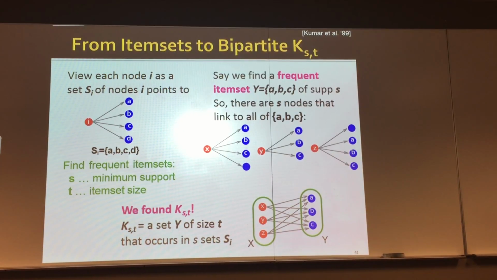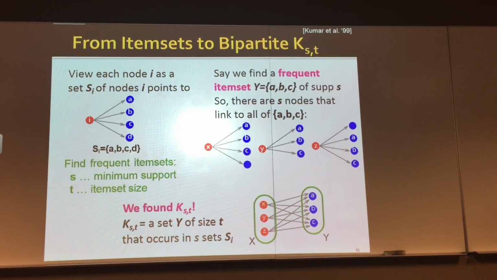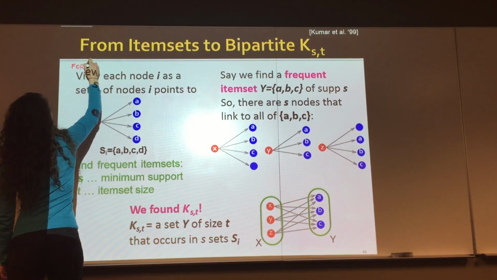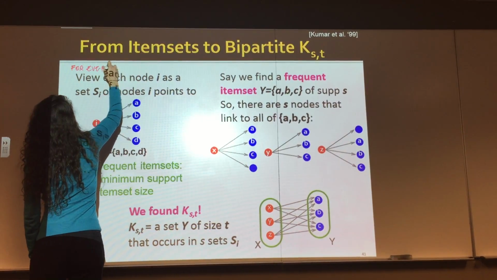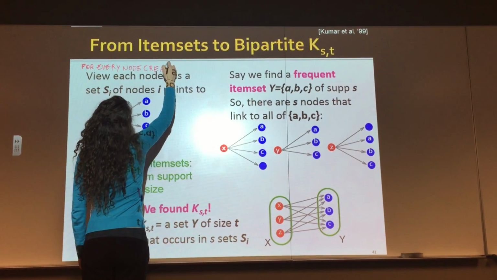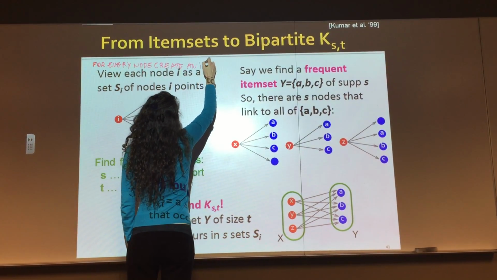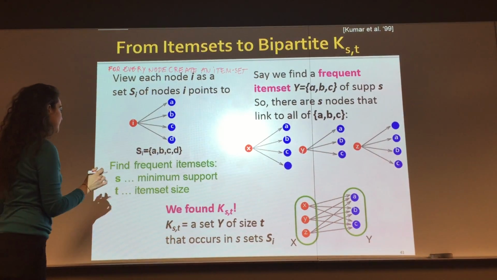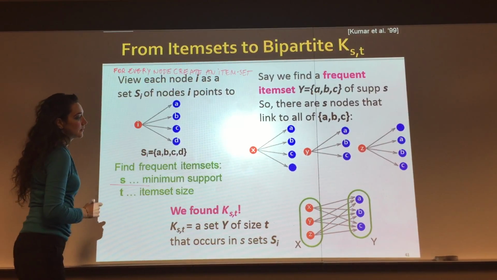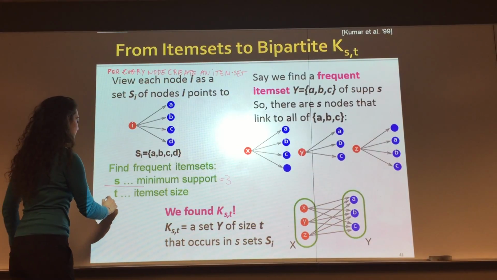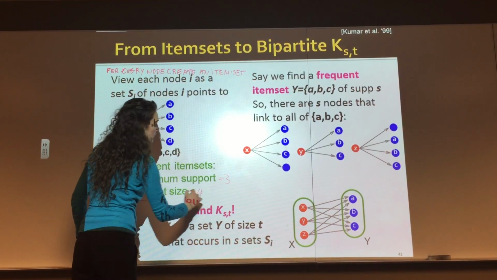So for every node, create an item set with minimum support equal to 3, and the minimum item set size equal to 4.